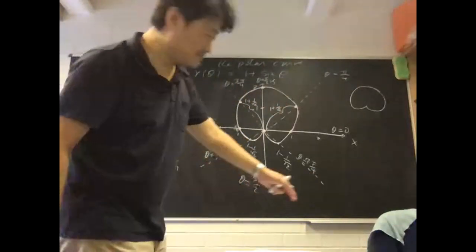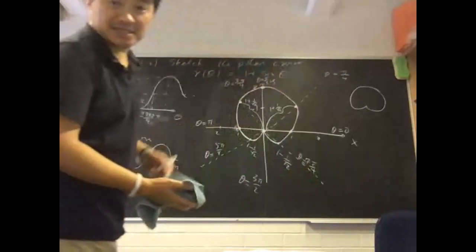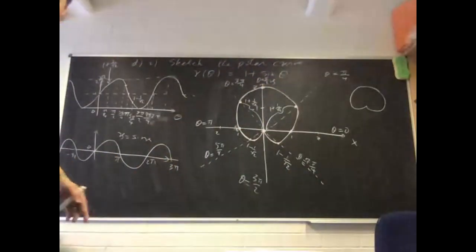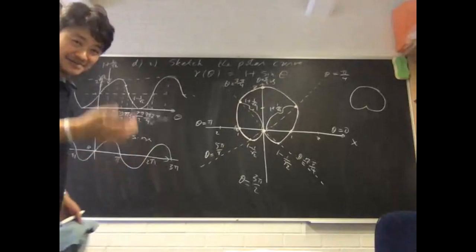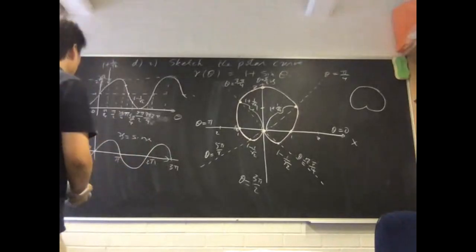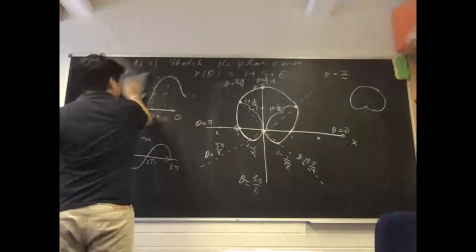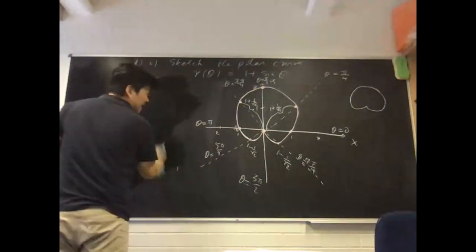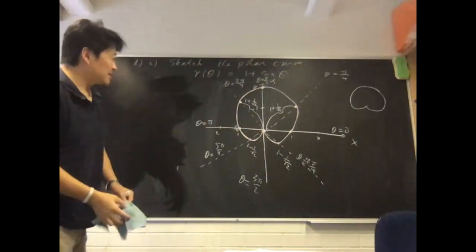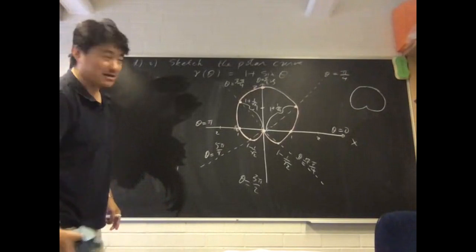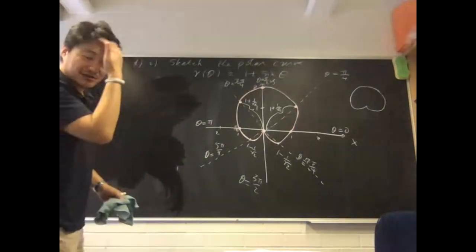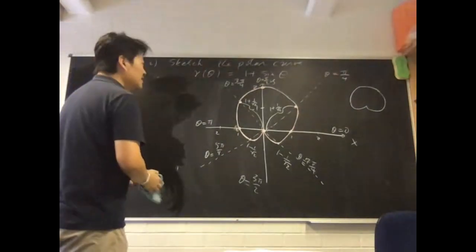Any questions on part 1? Basically, you pick out some sample points. Since you won't have Maple with you during your exam, you basically pick out some sample points. And usually these 8 points are enough to give you an idea of what this graph looks like.